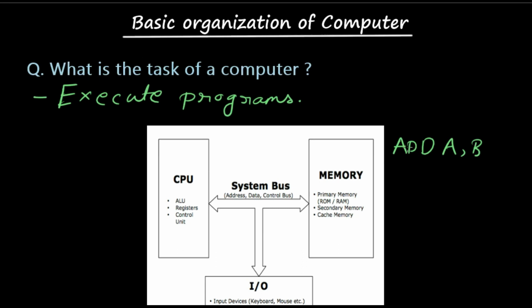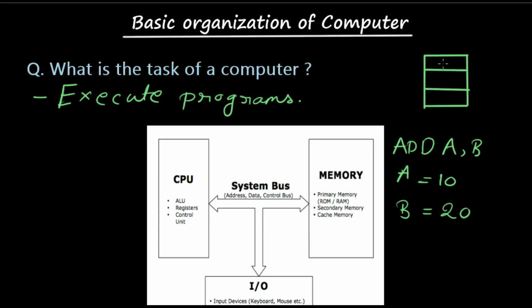Now let's say that A is 10 and B is 20. This value 10 is located in A, which means it is located in a memory location identified by A. If you consider this as your memory, inside memory there are many blocks.